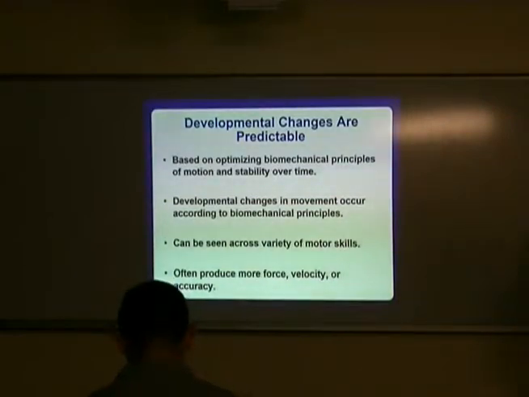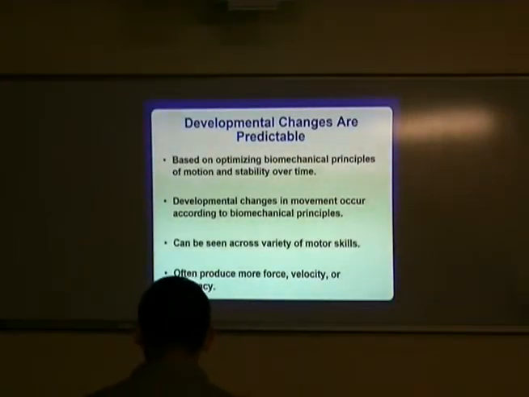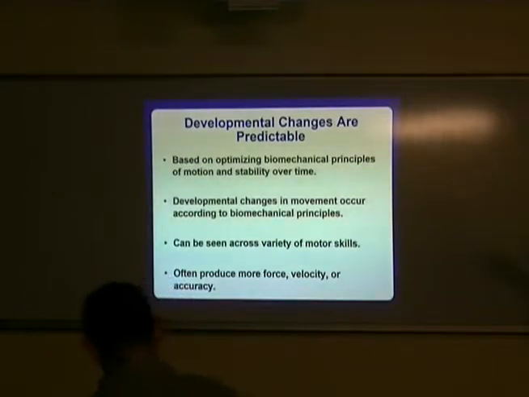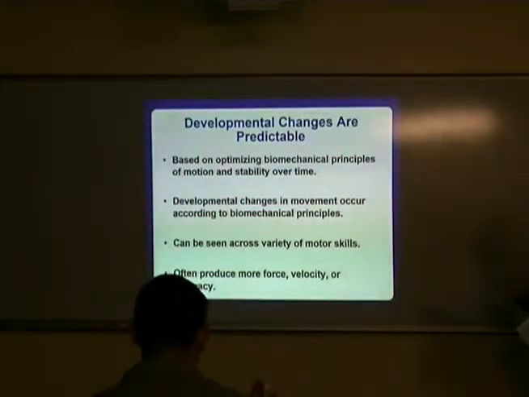We can tell what's coming because we all do reasonably the same thing when we're typically developing, but we do it on an individual basis and an individual timeline. So there's a lot of variability and individuality in how those skills develop, but they're relatively predictable for a typical human being.